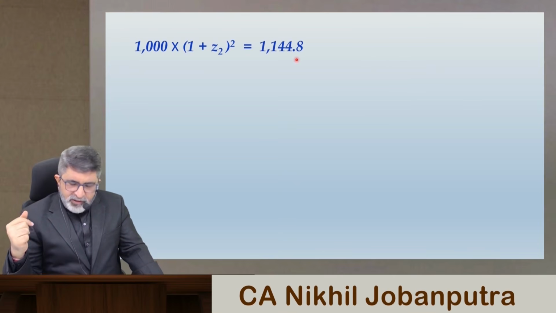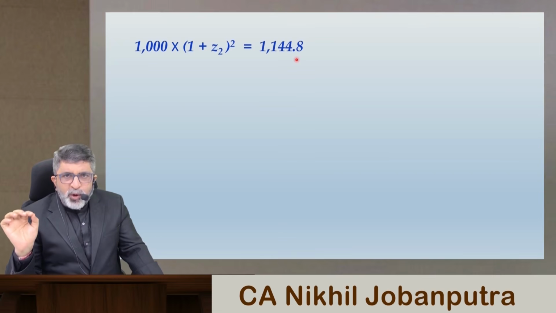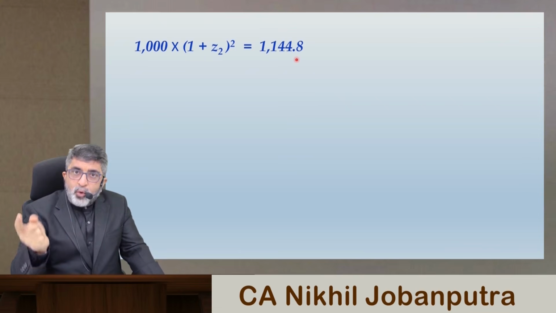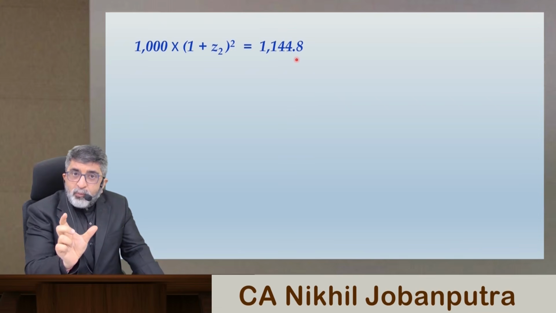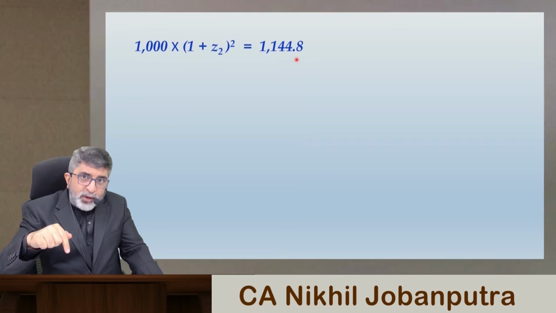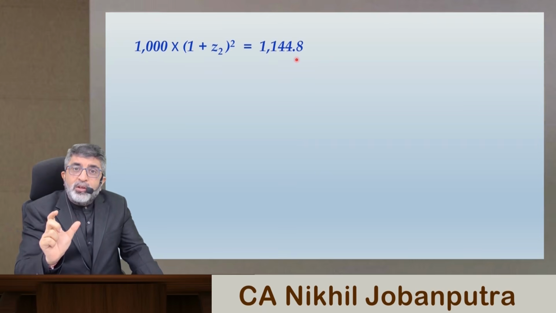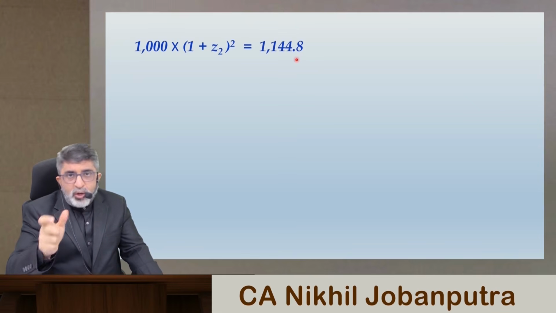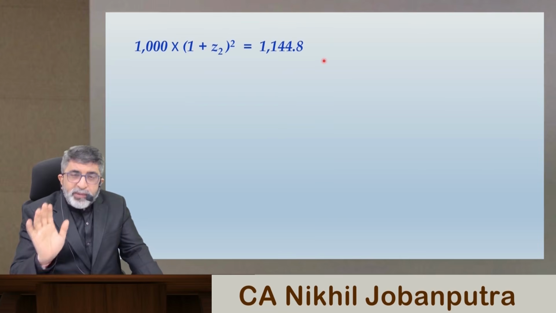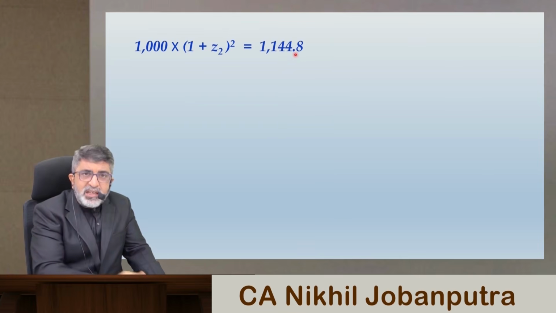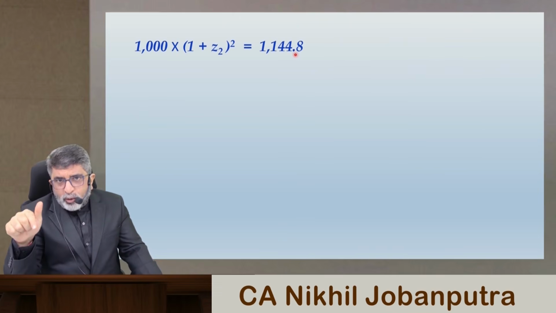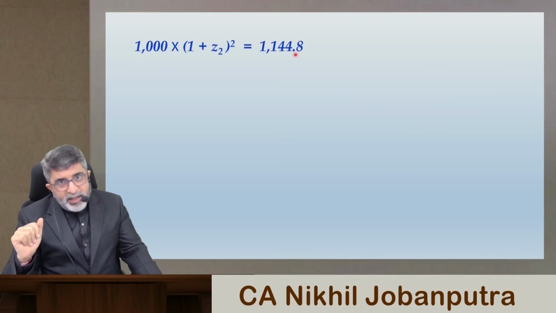If you can recollect, this 1144.8 we actually got by taking 1000 into 1.06, which became 1060, and to 1060 we multiplied 1.08, so we got 1144.8. That means this can be rewritten as 1000 into 1.06 into 1.08, correct?